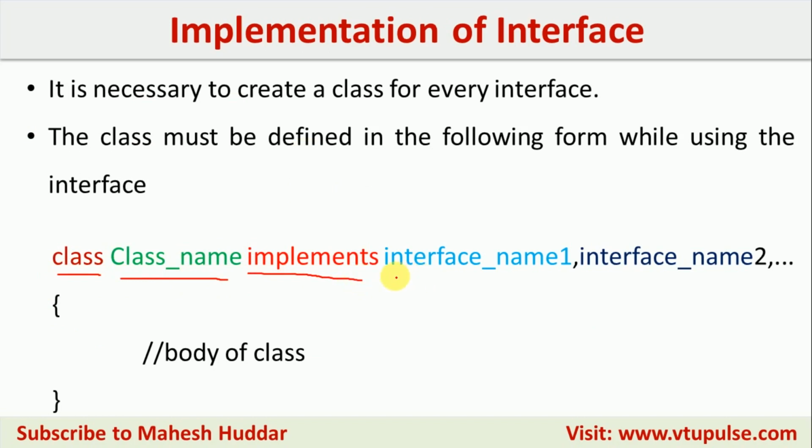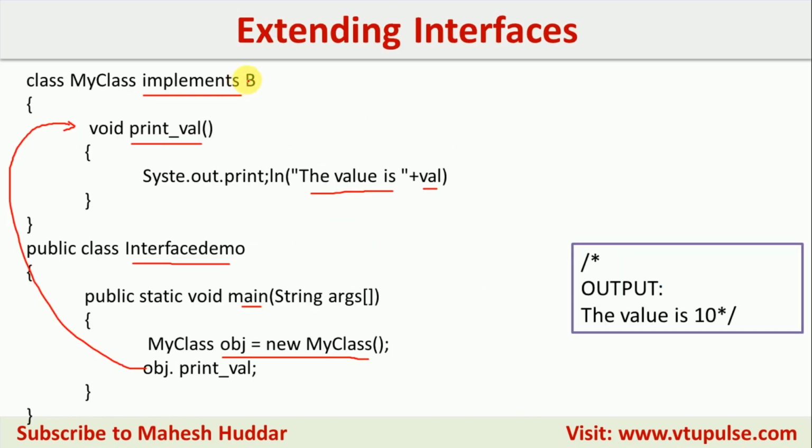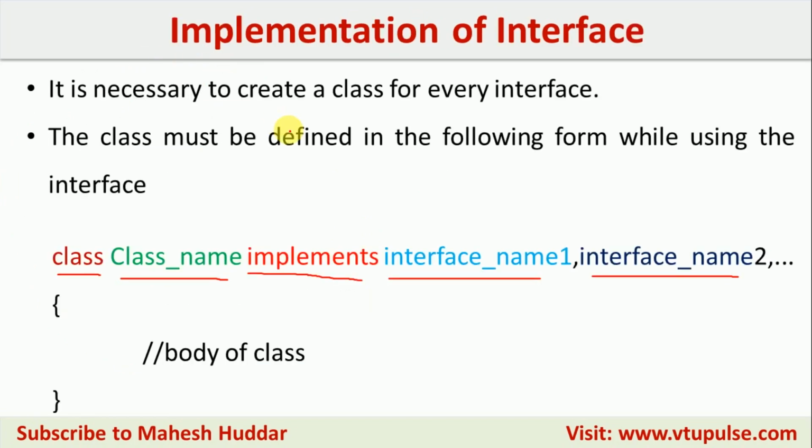And then if you want to implement one or more interfaces, you need to write those particular interface names. I wanted to implement B here, so I have written implements B. The meaning is my class is going to implement B here. And the definition of this particular class you can write over here.